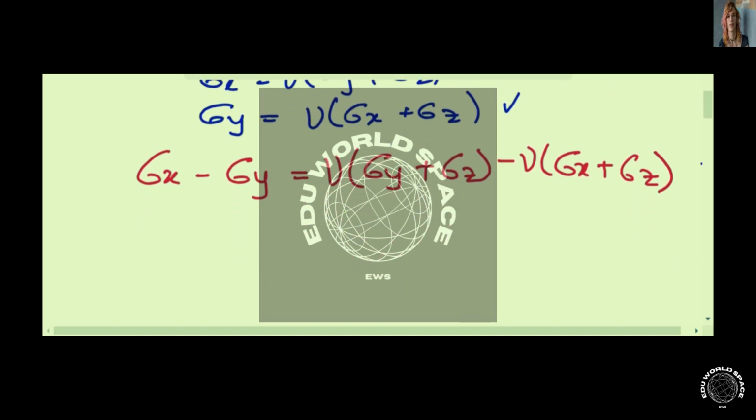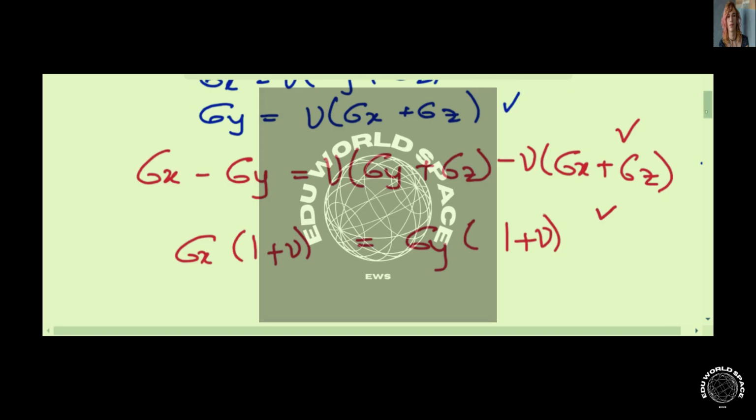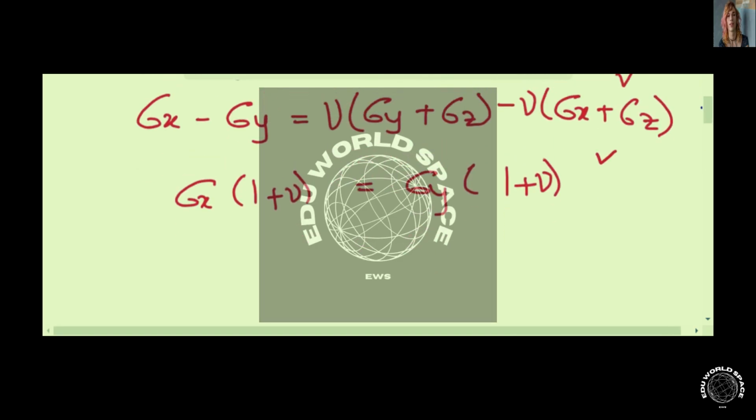Now we are going to rearrange it. So we have the stress in the x direction times 1 plus epsilon equal to the stress in the y direction times 1 plus epsilon. We have just simplified it with some basic algebraic manipulation, and we got this equation after rearranging.